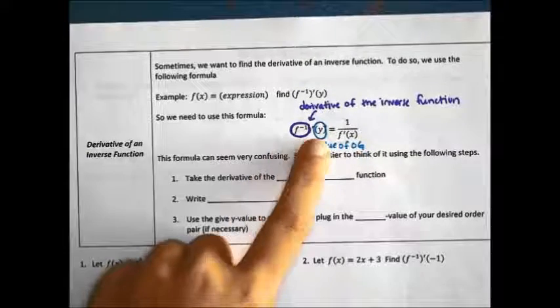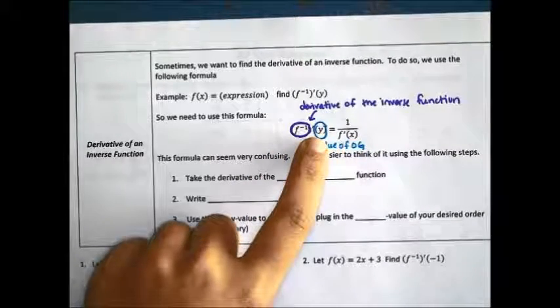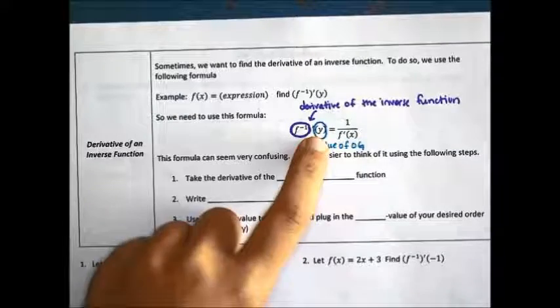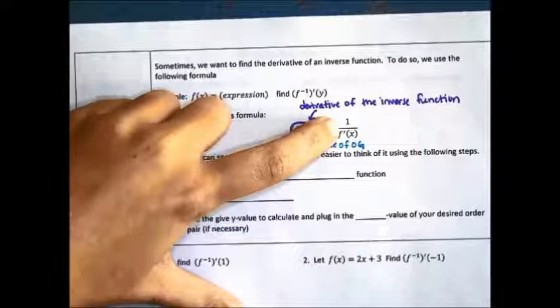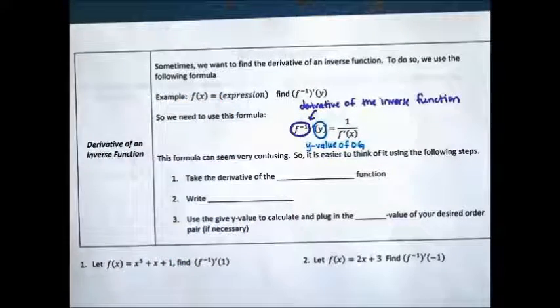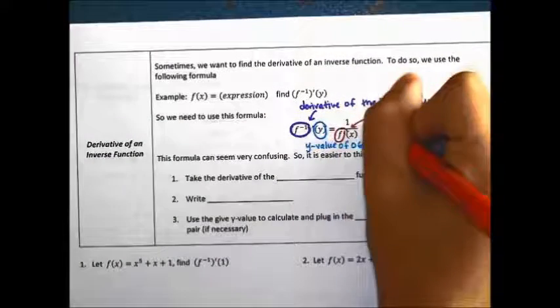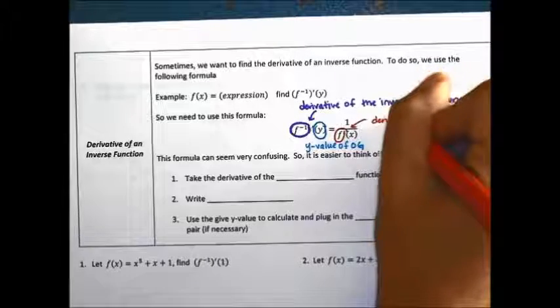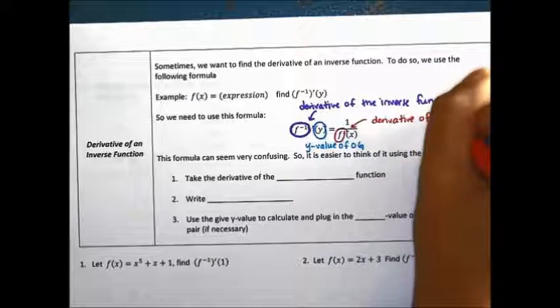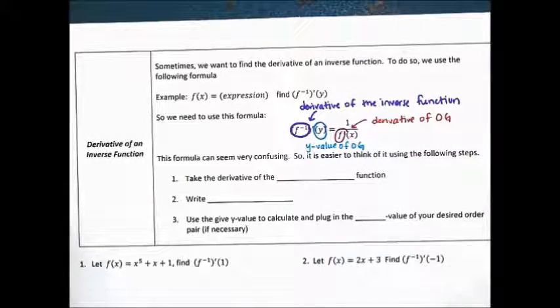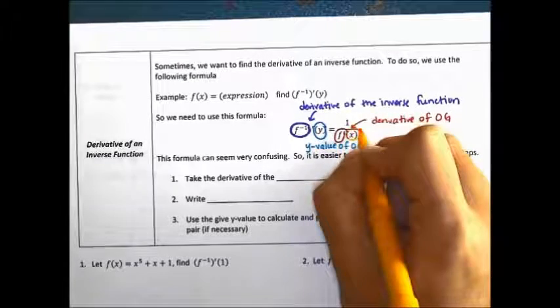To get the derivative of the inverse at this y value, you do 1 over the derivative of the original at the corresponding x value.